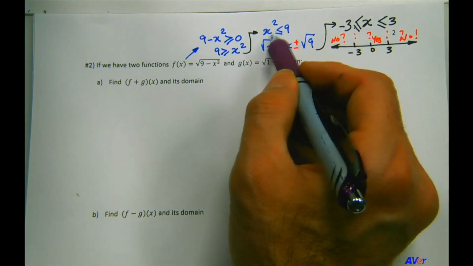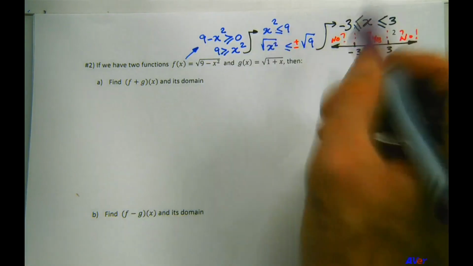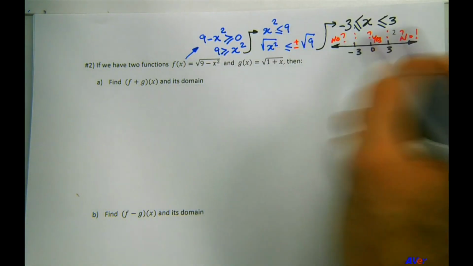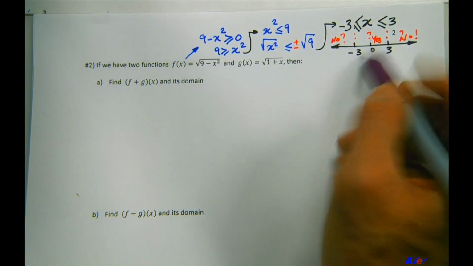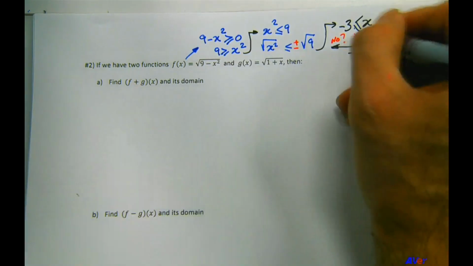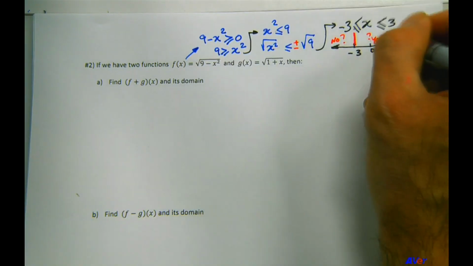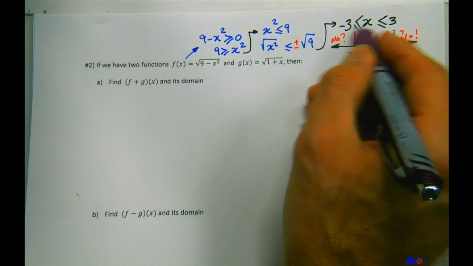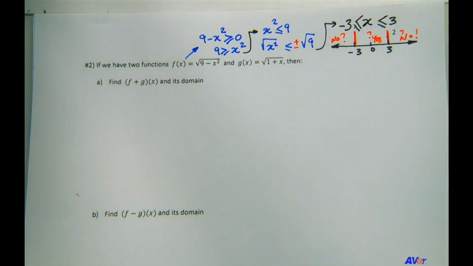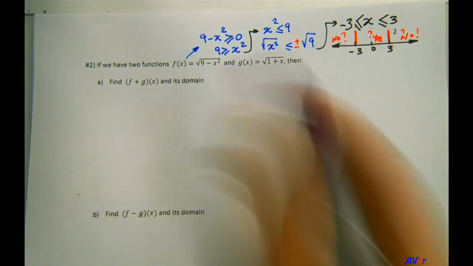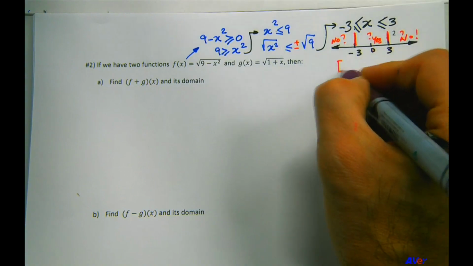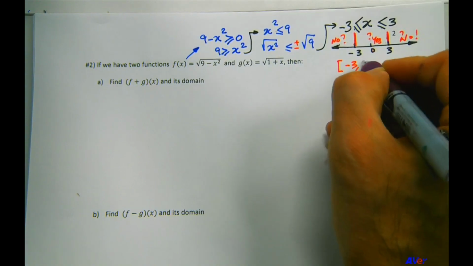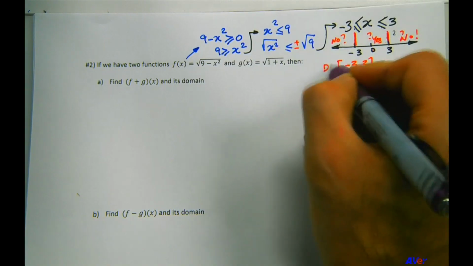See if it's valid. If it's not valid, it's out, like this one. That region is not valid, that region is not valid, but between -3 and 3 is valid. And also, -3 and 3 are included, right? So the domain for this function is the bracket -3, 3, and that's the domain for this function.